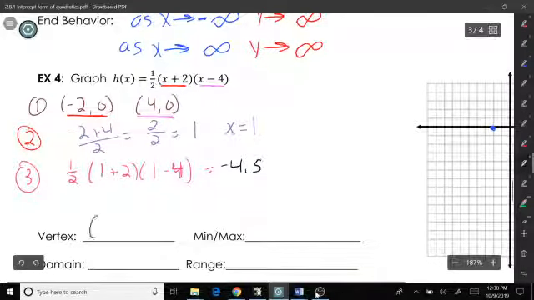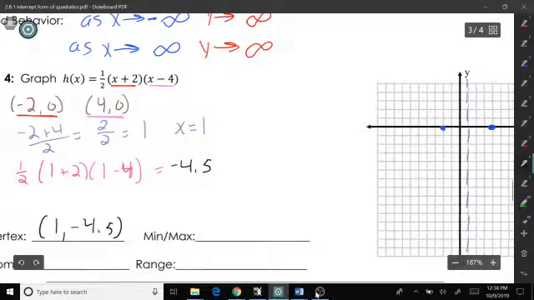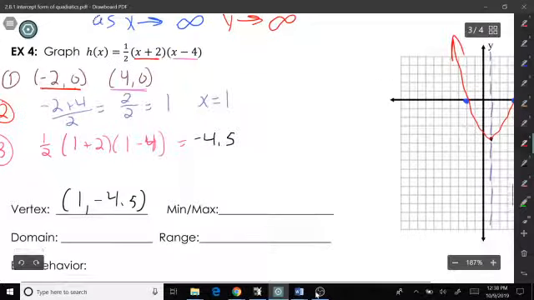So that means my vertex is 1 comma negative 4.5. 1, 2, 3, 4.5. It is a minimum value at y equals negative 4.5.